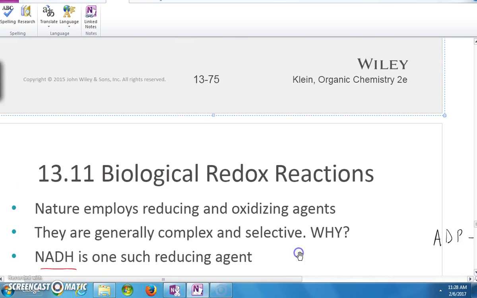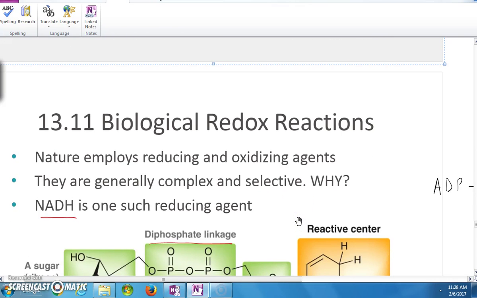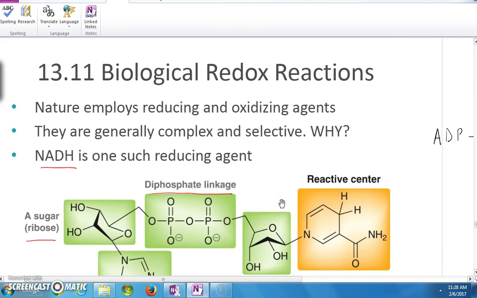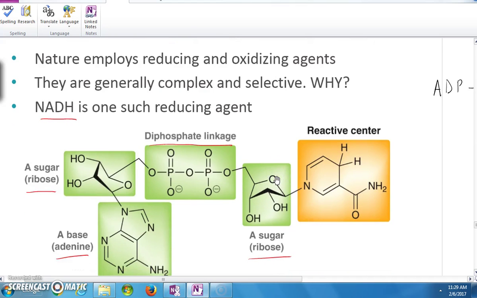Now, in biological redox reactions, nature employs reducing and oxidizing agents. They are generally complex and selective, because they have a lot of specificity about them. When you look at NADH, it is one of those reducing agents. It is composed of many parts.